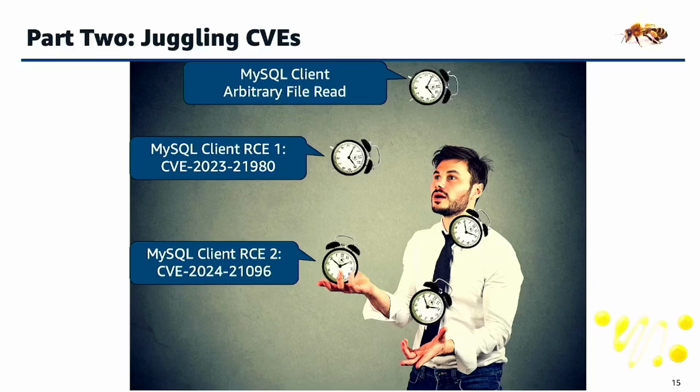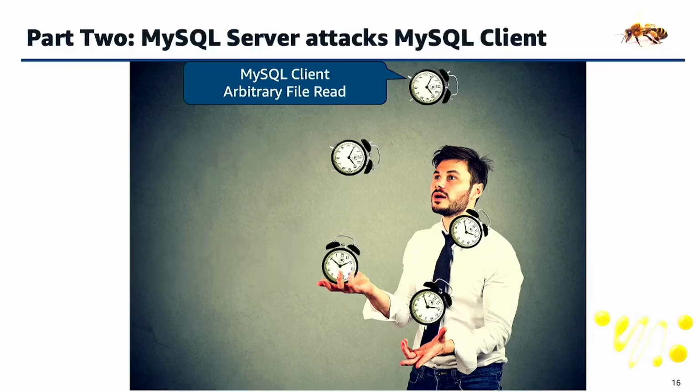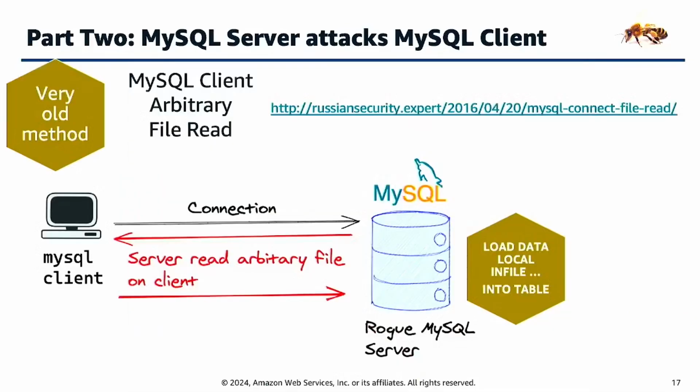So this presentation is similar to the one that we gave at DEF CON, but it's a full version of that presentation. Let's start with the MySQL client arbitrary file read. This is basically what happens. Super simple. The MySQL protocol has this LOAD DATA LOCAL INFILE capability.